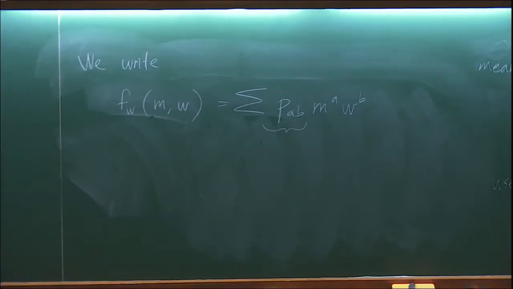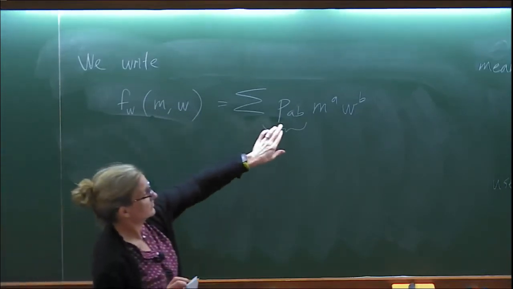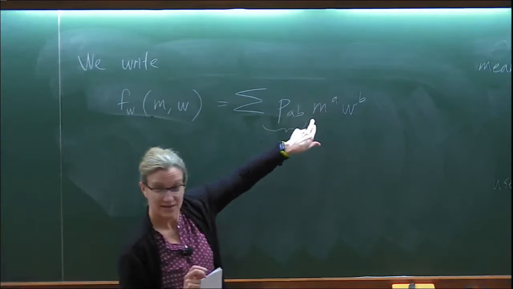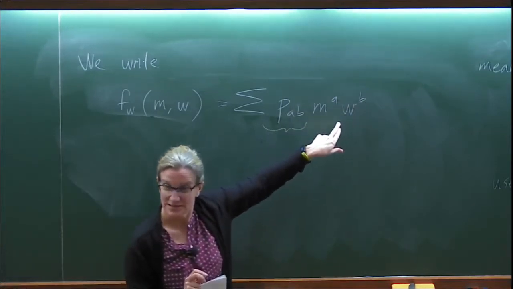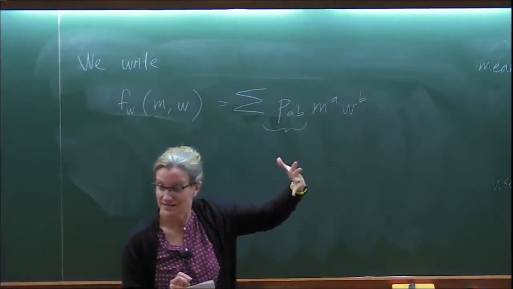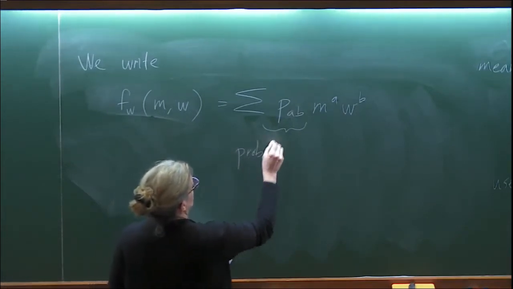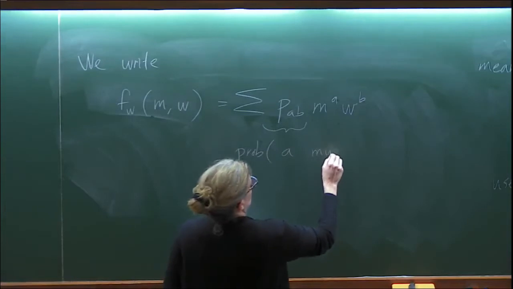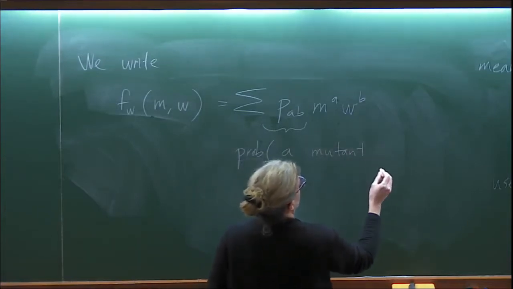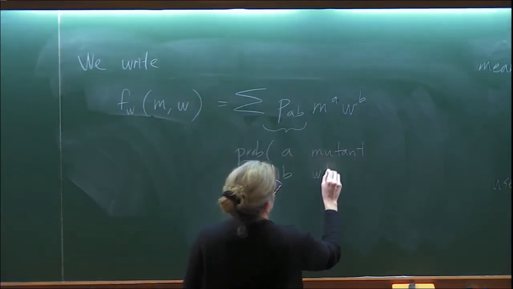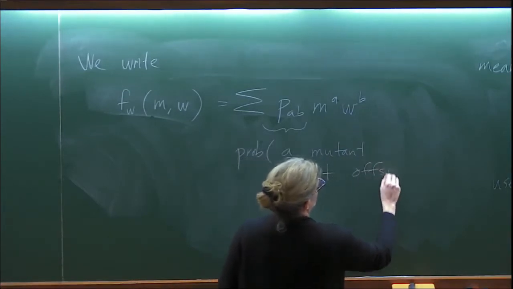It's the probability that you have A mutant and B wild type offspring, exactly analogously to what we did when there was only one type.